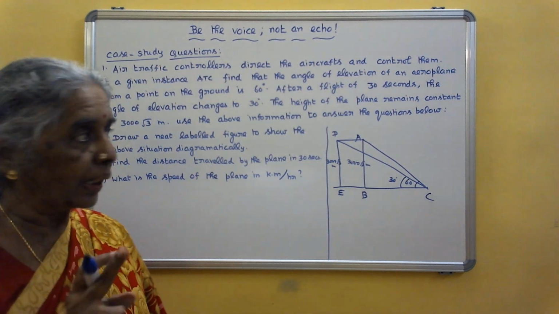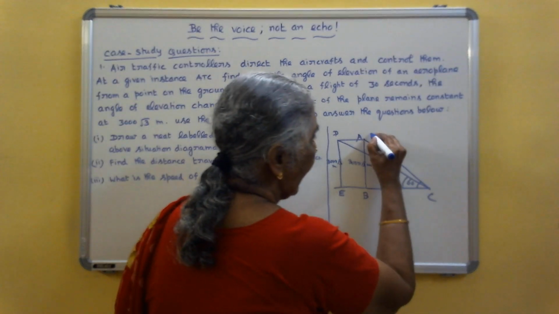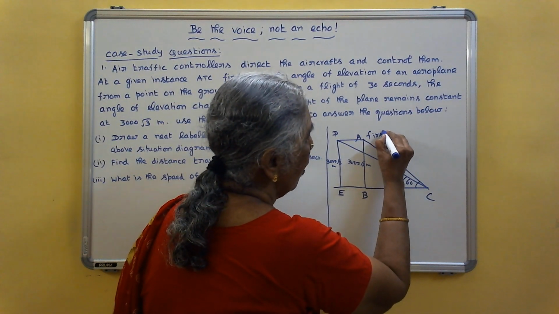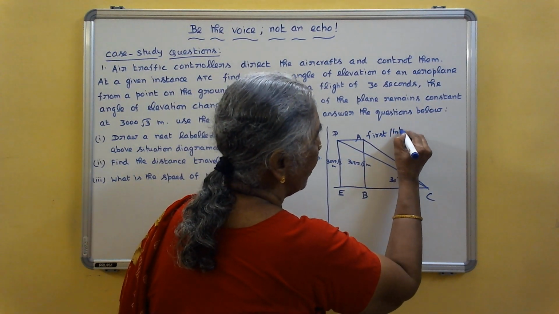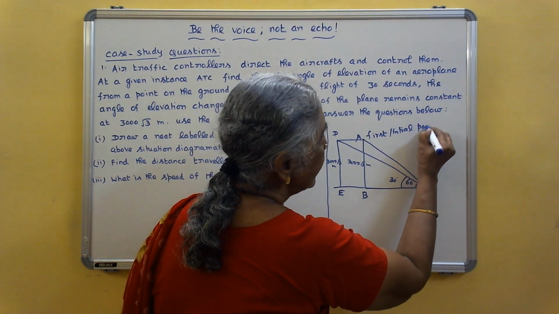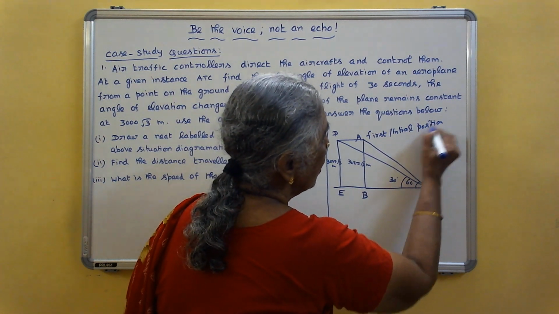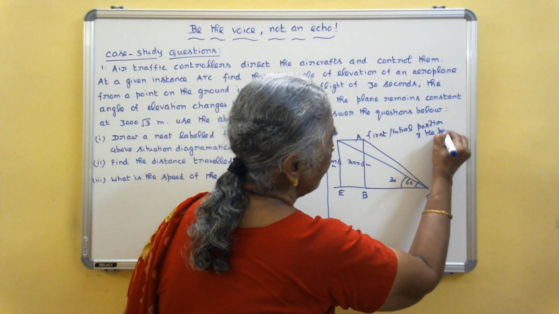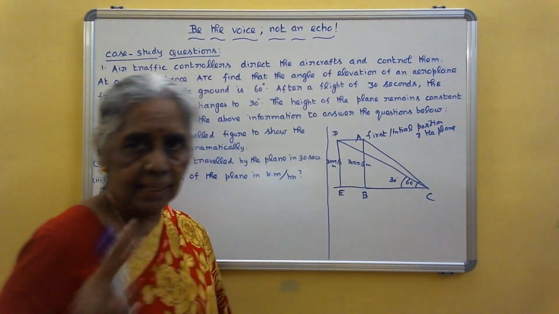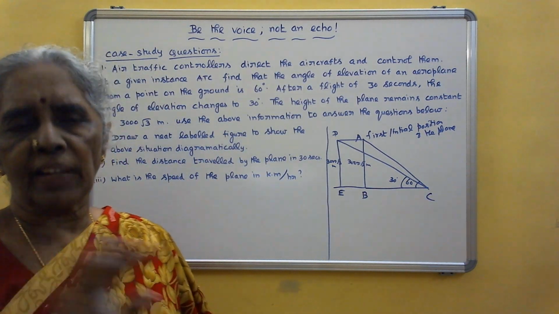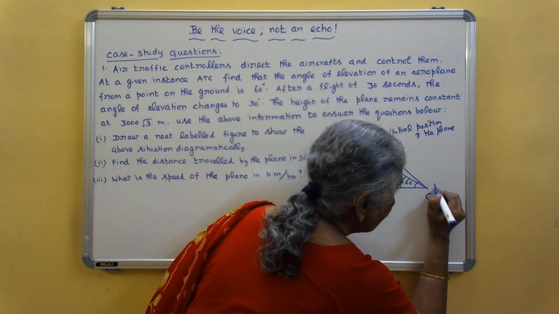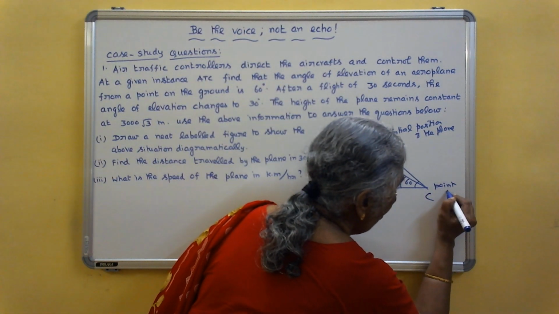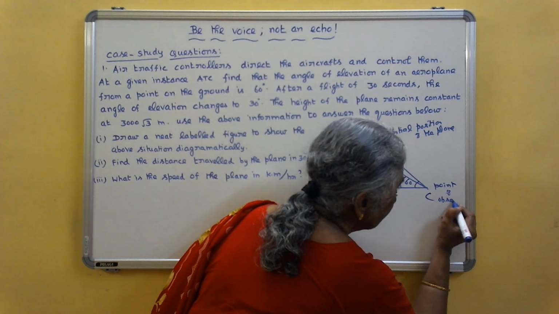Let me explain the figure once again. This A is the first or initial position of the plane. This C is the point of observation.